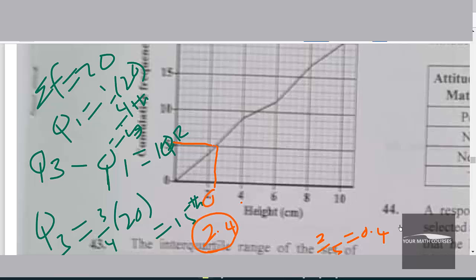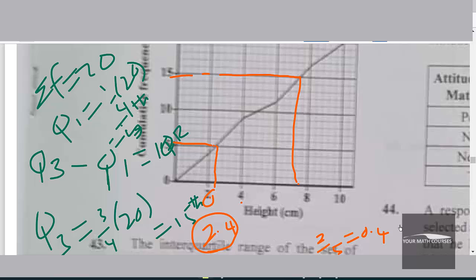Now if we come to the 15th, if we trace the 15th from the graph, it will touch here, which is in the middle of the 3rd and the 4th. So we trace it down to this point. So 3 boxes will give us 1.2. 3 boxes will give us 1, 2, 3.